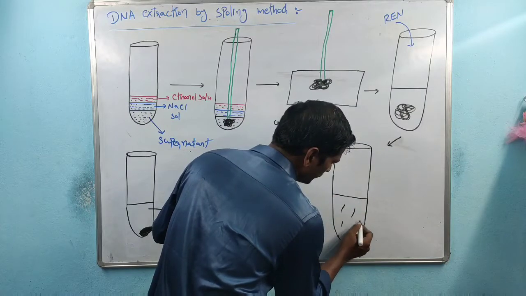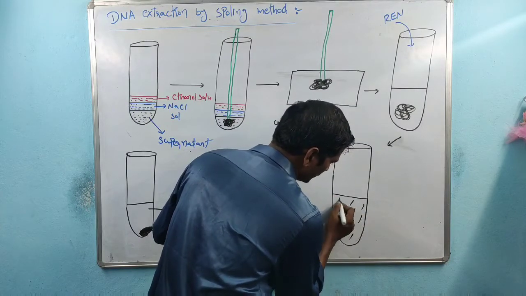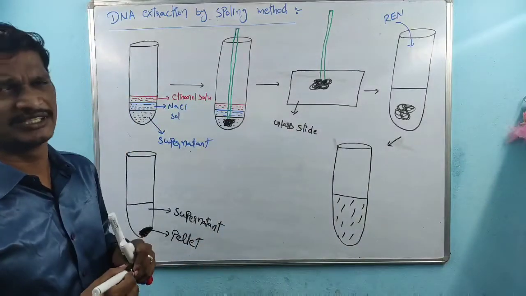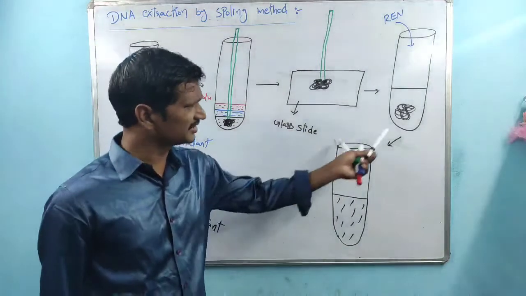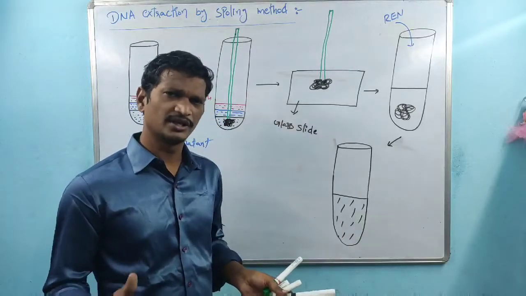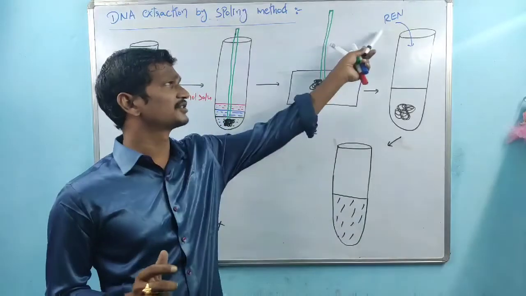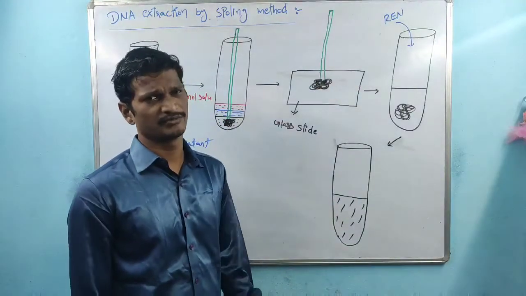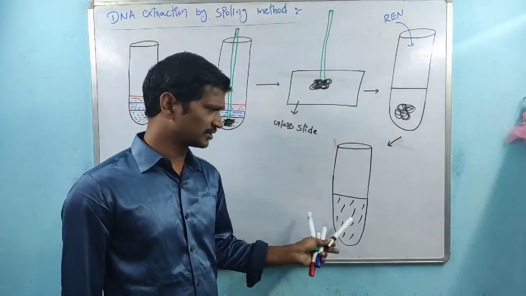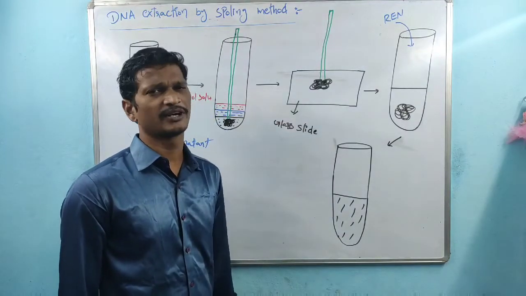The DNA forms many fragments. So what I am telling here is that the DNA content is broken down into fragments by the restriction endonuclease enzymes, so the DNA produces many fragments.